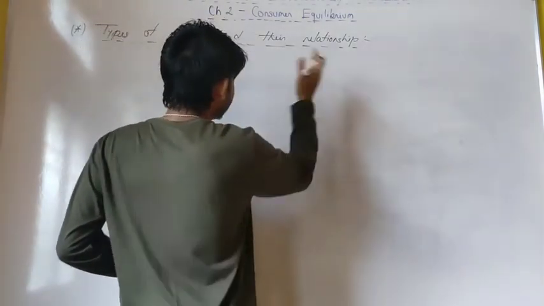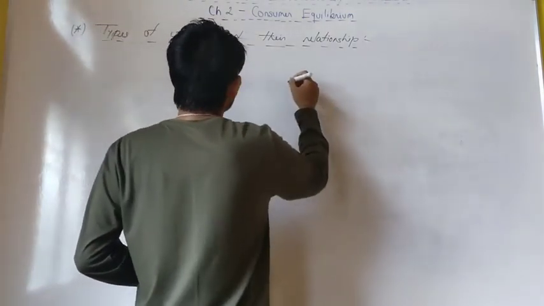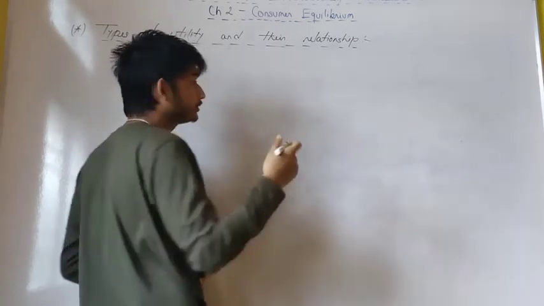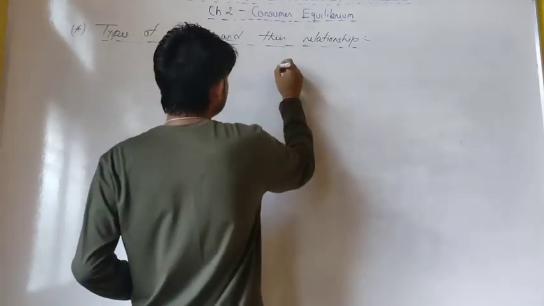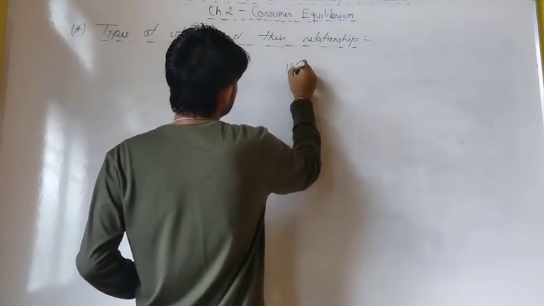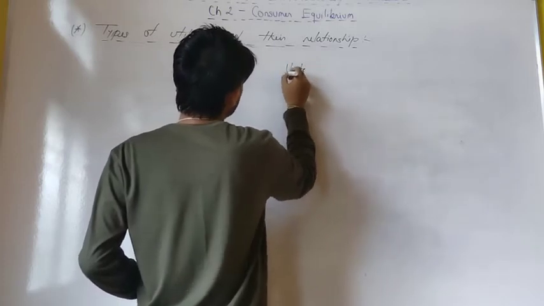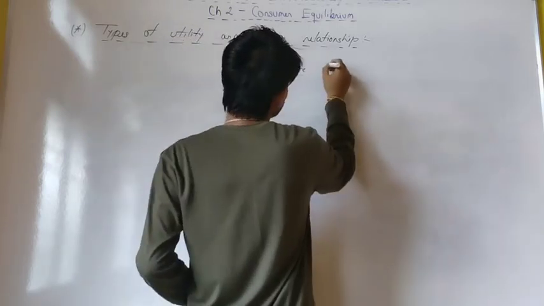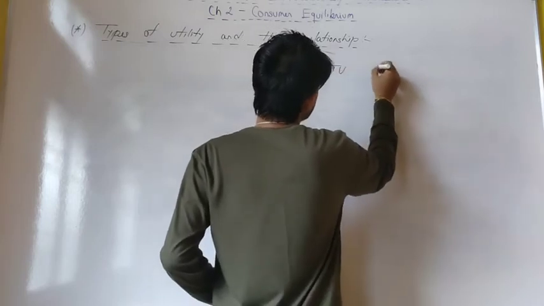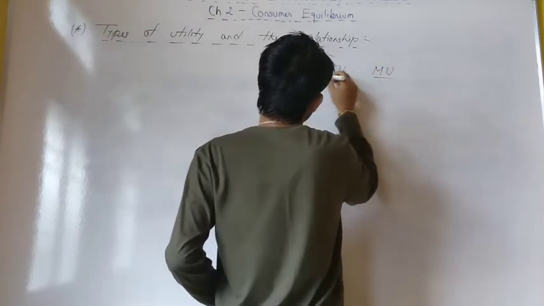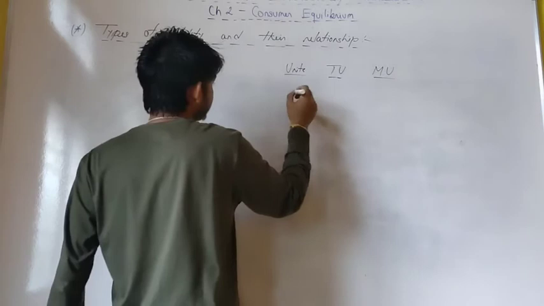So to explain this relationship between total utility and marginal utility, we need to form up a table. The table will have three columns: units, total utility and marginal utility.